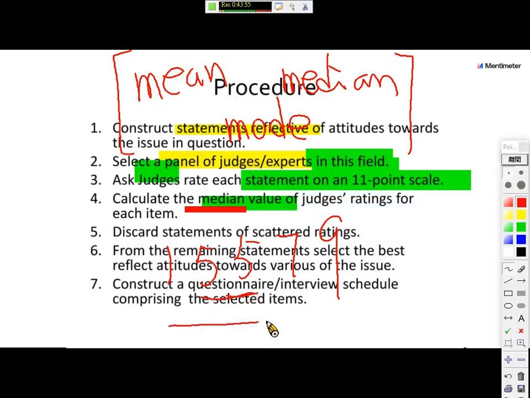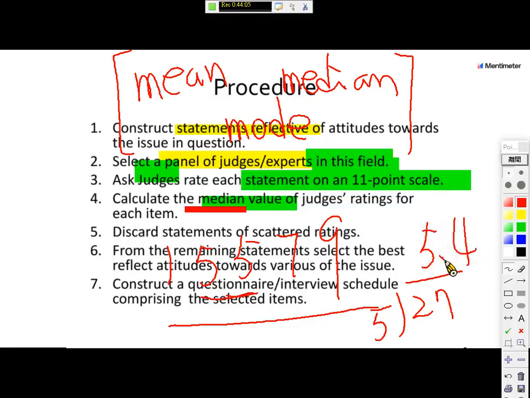So what is the mean of this one? We have 27 divided by 5, right? So the mean for this one is 5.4. Okay? So mean is average. Median means the central value of all the answers. Sometimes it may be several, but in the middle.